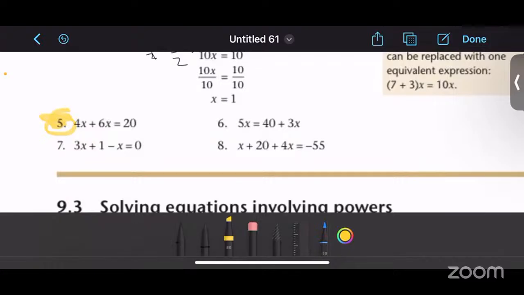10x is equal to 20. So now you're going to ask yourself, how do I get rid of the 10 that is before the x? Because at the end, you want to have a final answer of x is equal to this, x is equal to whatever, not 10x is equal to whatever. We don't want the value of 10x.